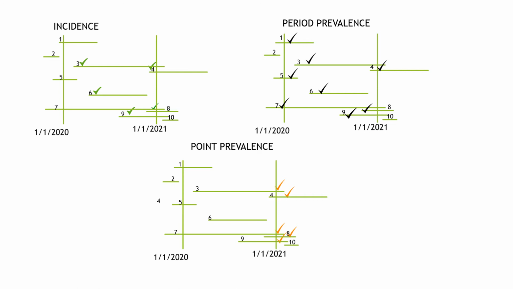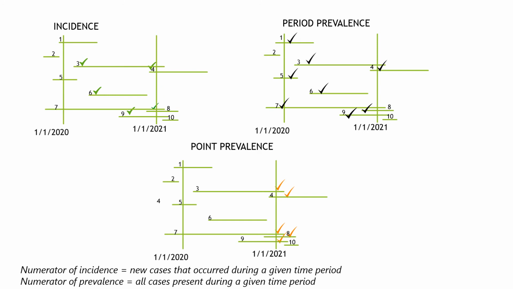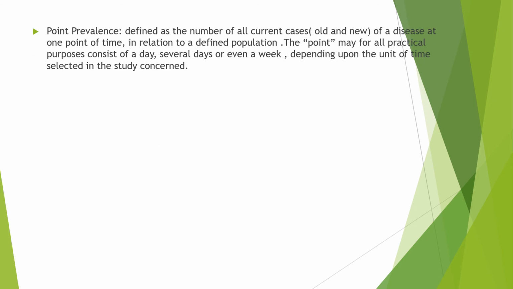So now that you've understood this, always remember the numerator of incidence is the new cases that occur during a given time period, and the numerator of prevalence is all the cases present during a given time. So what is point prevalence?